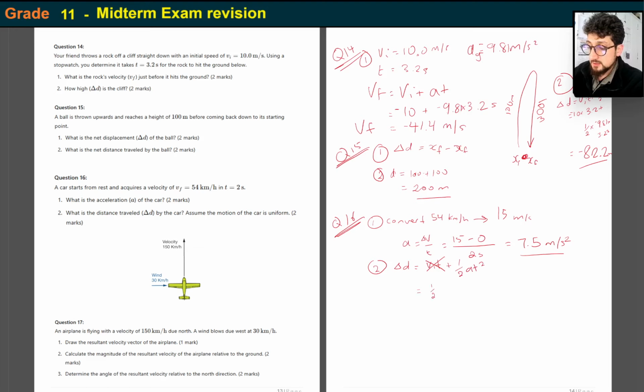So it's going to be half times, don't forget that the acceleration is not 9.81, it's not falling. It's in a horizontal direction. It's 7.5, because that's what we worked out before, times 2 squared. So it's half times 7.5 times 4, and that is 15 meters. Okay, so we've solved that completely.